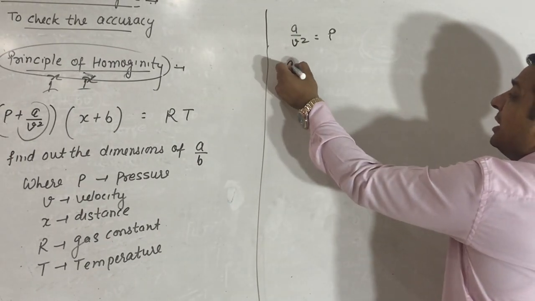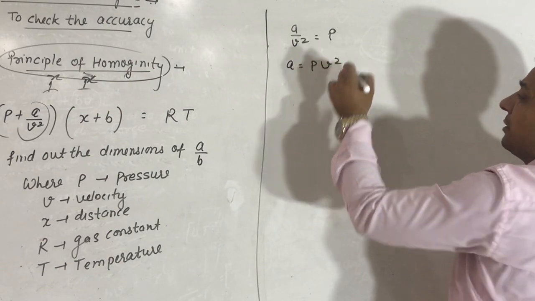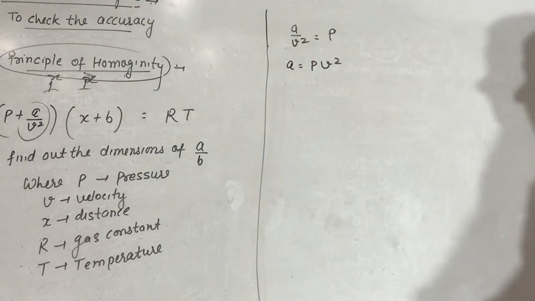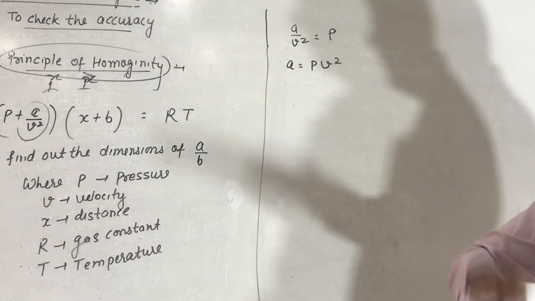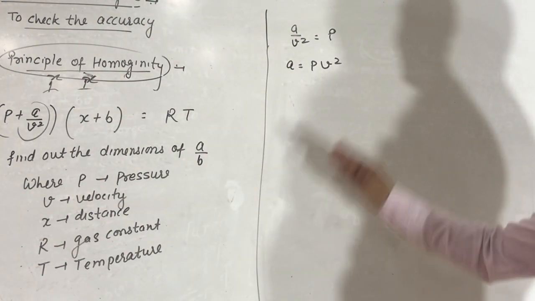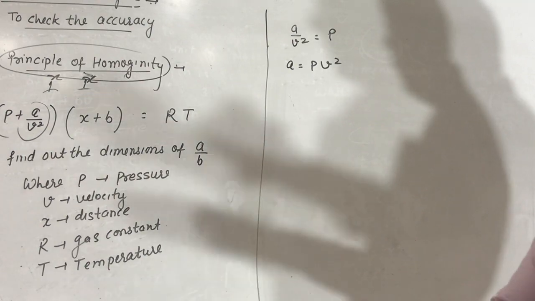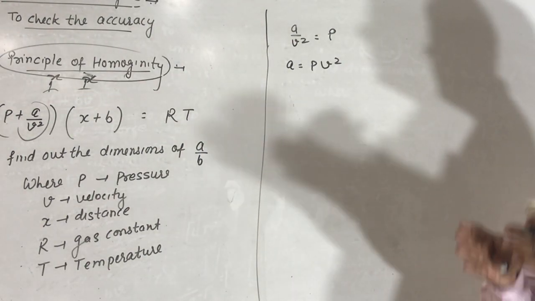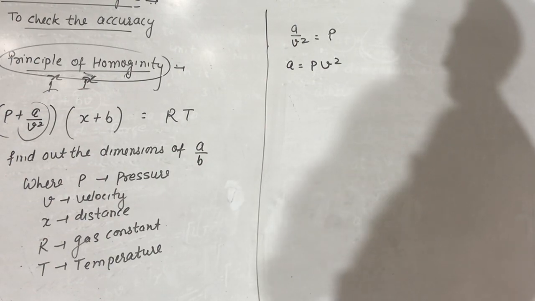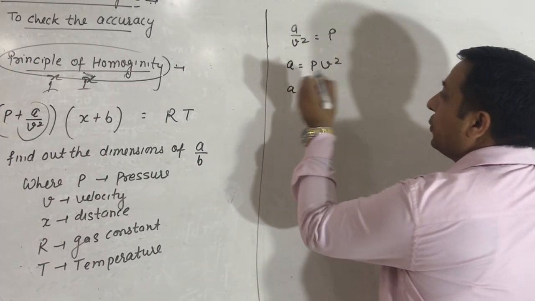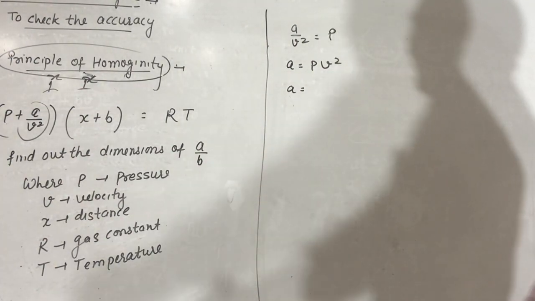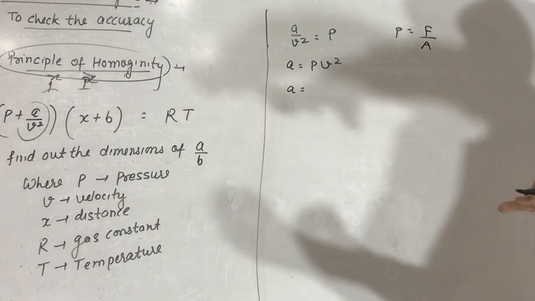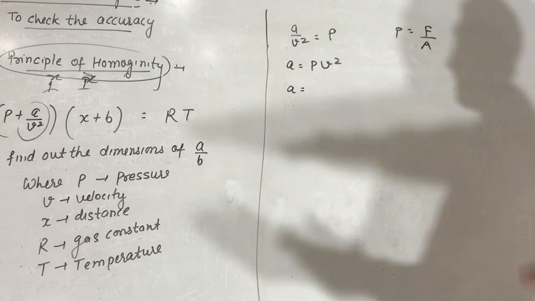So A is equal to P V square. P is the pressure. You know what is the dimensional formula of pressure? Again, here we need the dimensional formula. So it is very necessary to learn the dimensional formulas, and in an earlier lecture, I have told you how to learn the dimensional formulas in a very easy and simple method. So A is equal to P, pressure. Always remember, pressure is equal to force upon area, force per unit area.